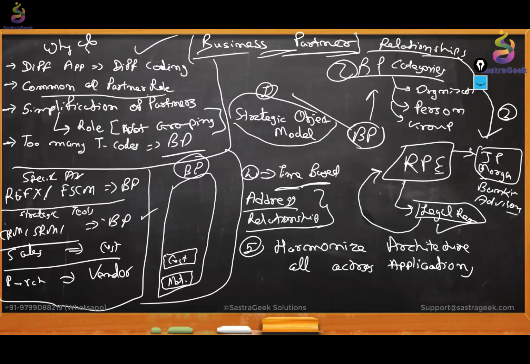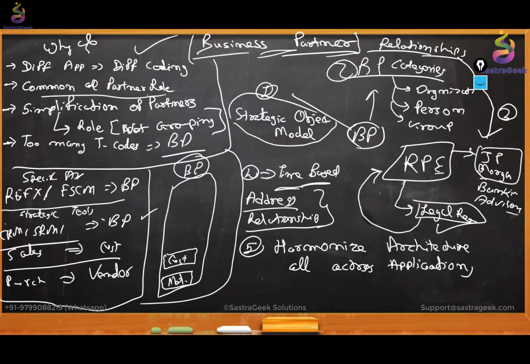SAP came back with a concept of relationship, where you can identify that in my company, RP Enterprise, there is a person with the name Rudra Pal, and he is the main contact person for that organization. So you can identify that this person is a contact of this organization and vice versa. That relationship concept SAP introduced here.